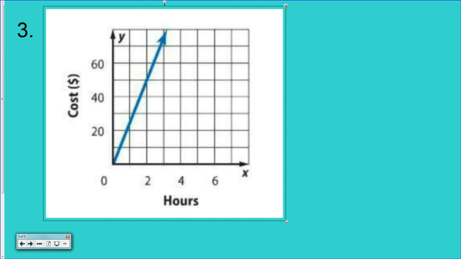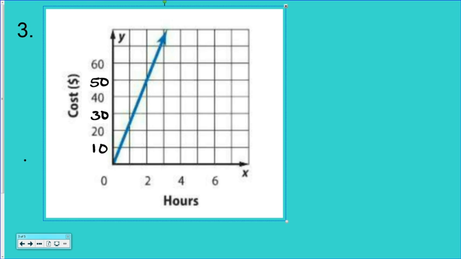All right, example 3. The main mistake that I was seeing when I was looking at your tests for these types of problems is you weren't taking into consideration what the x and y axis was counting by. So in this case, my y-axis is counting by 10. So each one of these lines is representing 10.